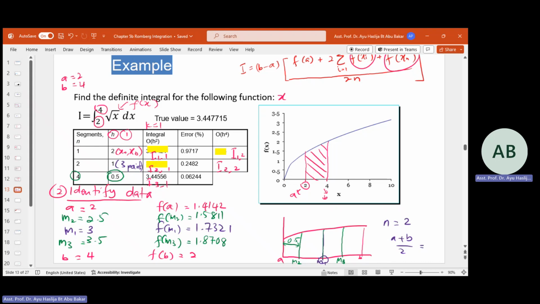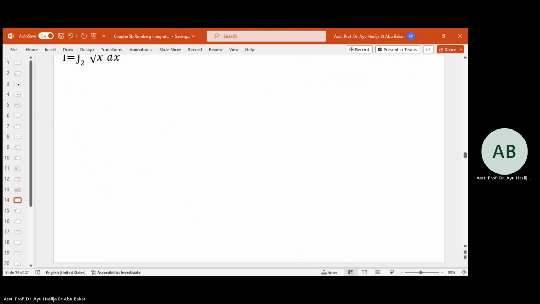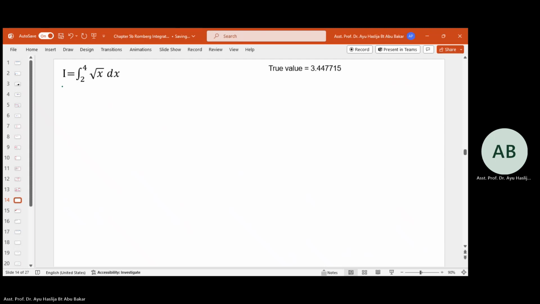Now we have identified the data that we need. The next step is to find the integral for the first level using the trapezoid equation. Okay, I copied back the data that we have just now. Just copy this one.